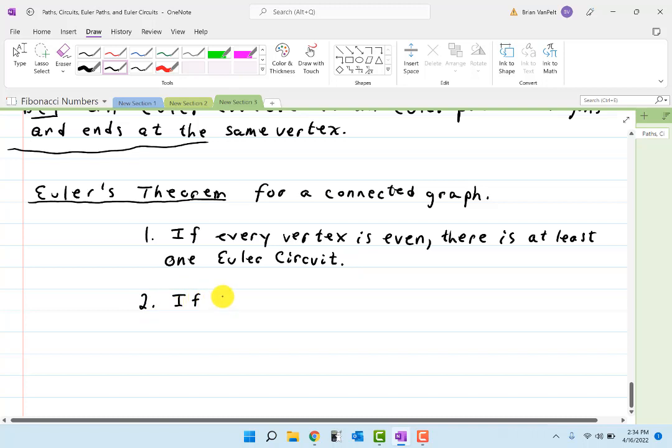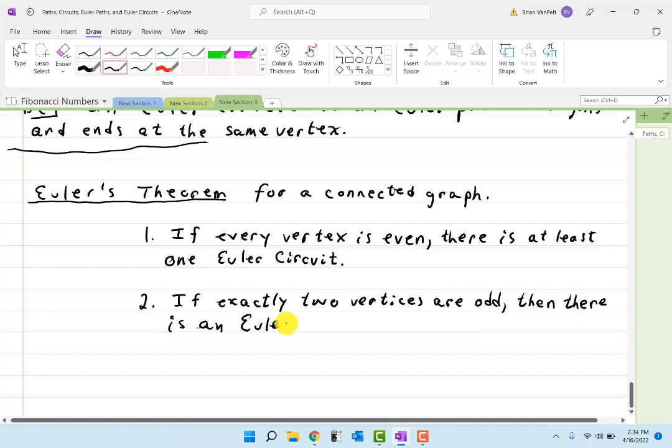If exactly two vertices are odd, then there is an Euler path, but no Euler circuit.